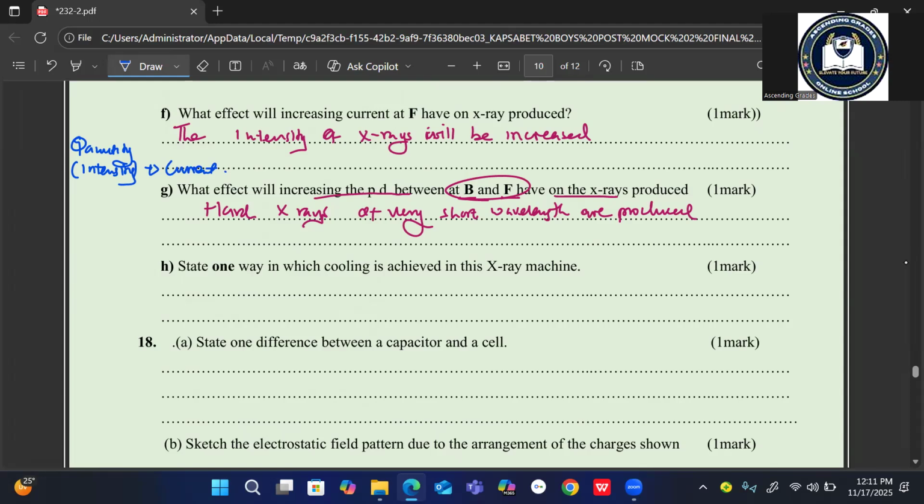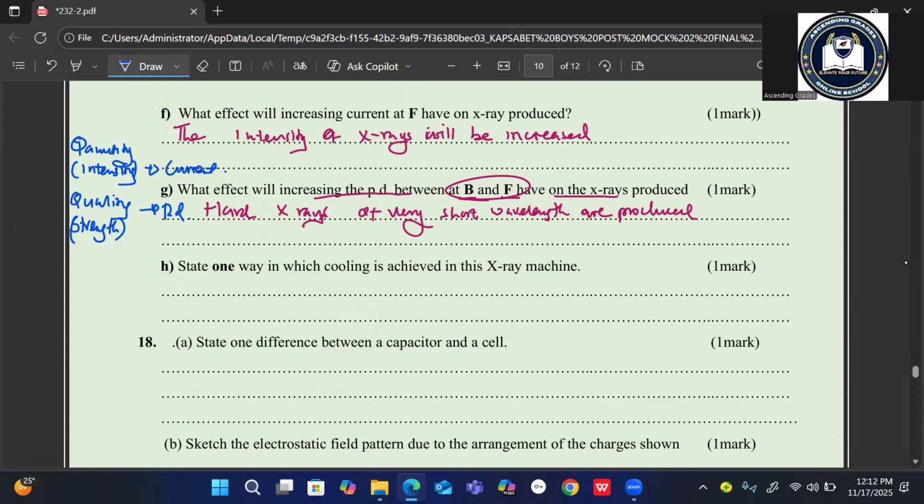And if you want to deal with quality, which is also the strength of the X-rays, you can only alter the potential difference. In the quality, that is where we find the hard and the soft X-rays.